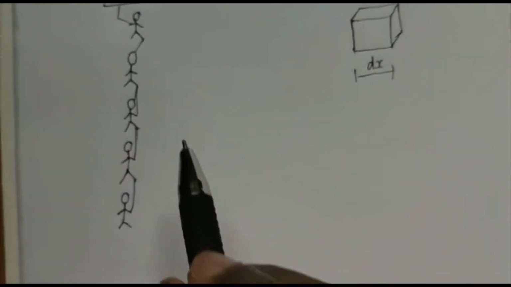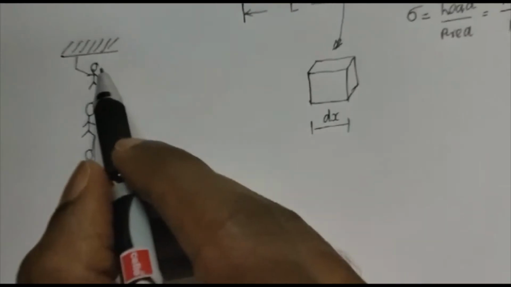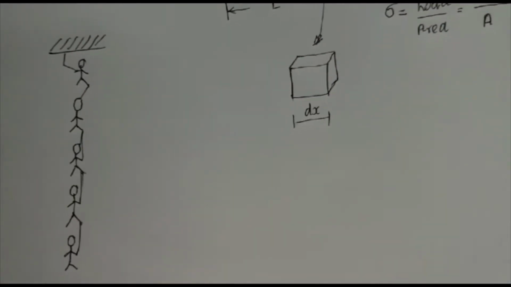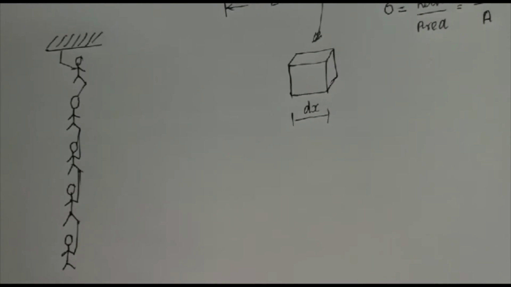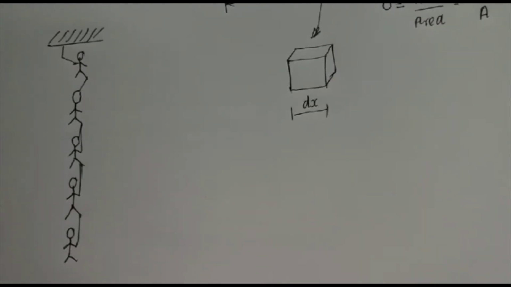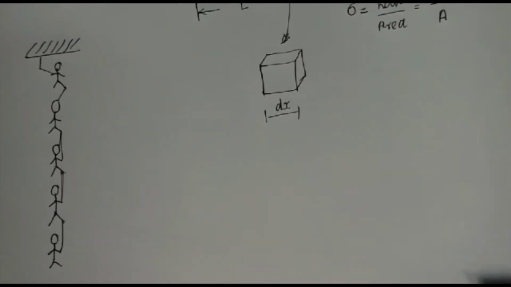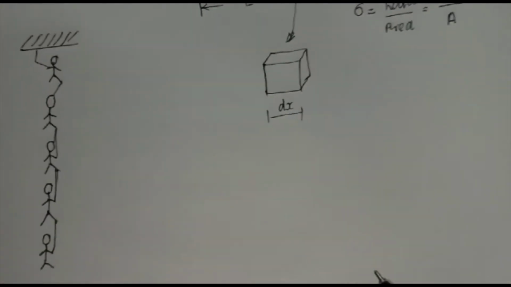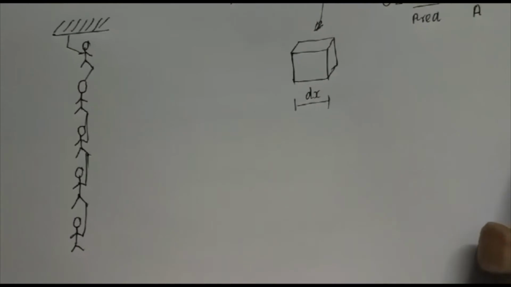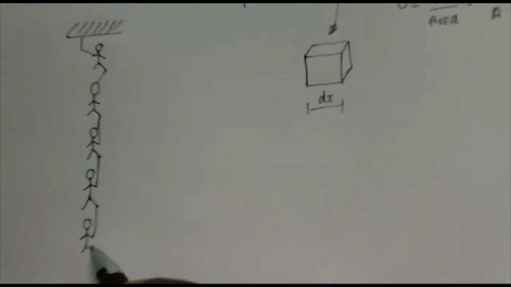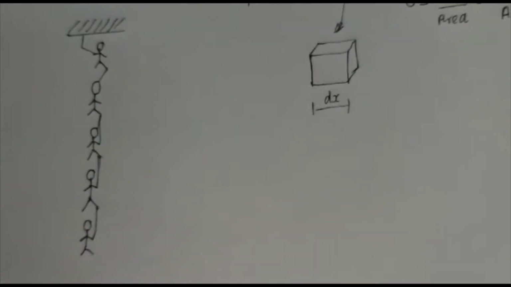Now, if you look at this diagram, the first person should experience all the weight of the four persons beneath him, including his self-weight. And the second person should experience the weight of all the three persons beneath him, including his self-weight.